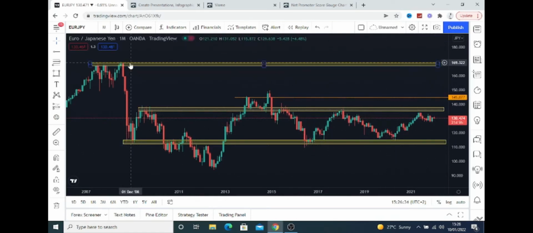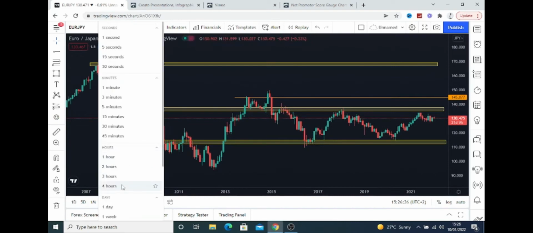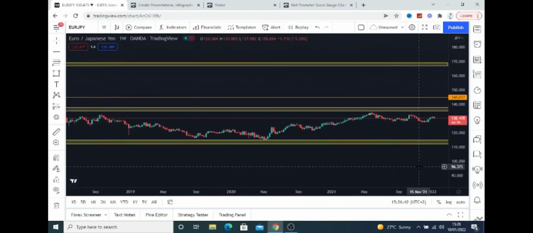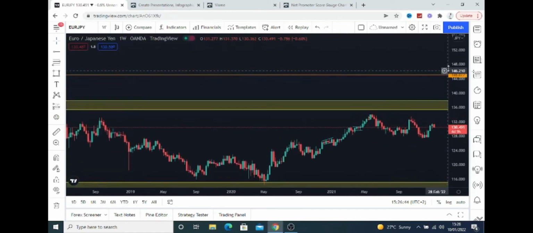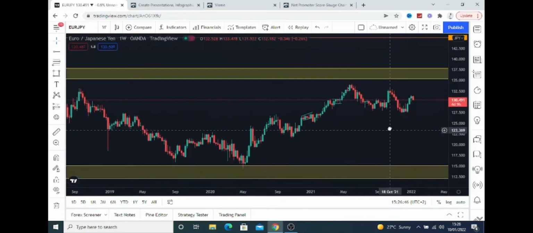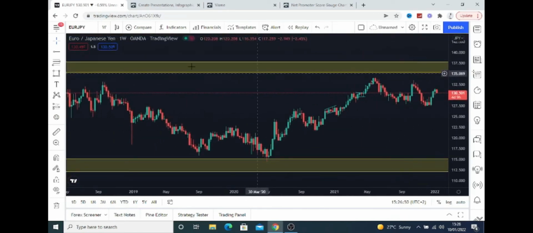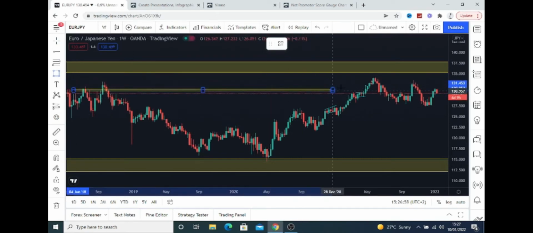And then what we're going to do is move to the weekly time frame, so that we can also identify our weekly dynamic support. So if you look at this, you will see that the price, okay, let's also mark this in.